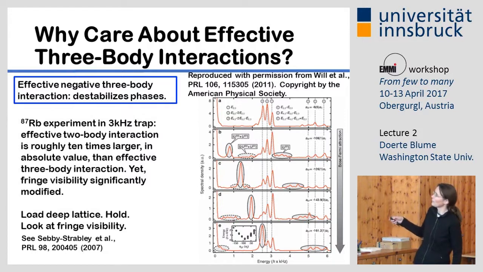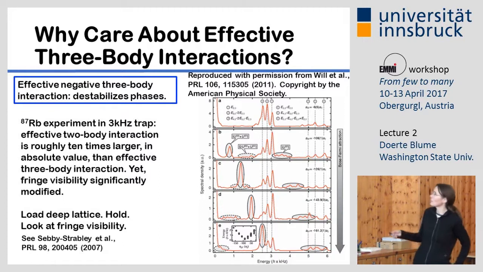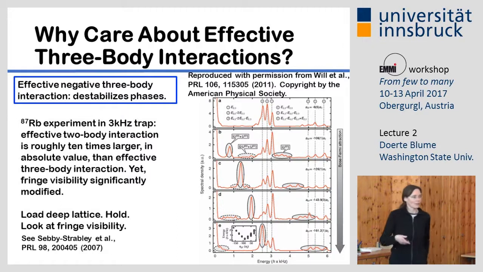So, for example, in this experiment by Immanuel Bloch's group, they've actually measured the effective two-body interactions, effective three-body interactions, and effective four-body interactions. I should say this is for a system that has a fermion in it, but the physics is really very similar to just a pure bosonic system.